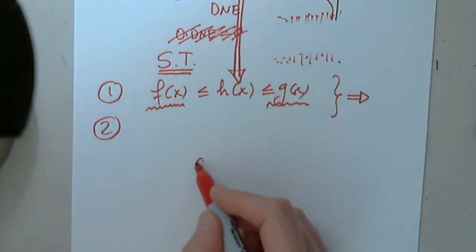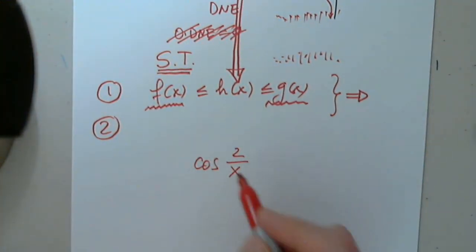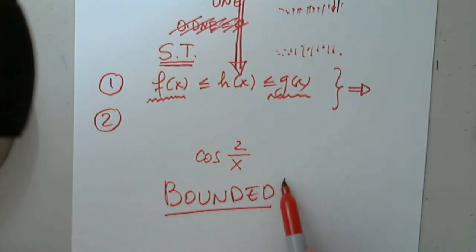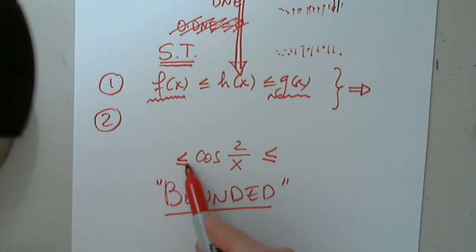We start with cosine. We know that cosine is bounded. What does bounded mean? It has an upper and it has a lower. It cannot go anywhere, like tangent.